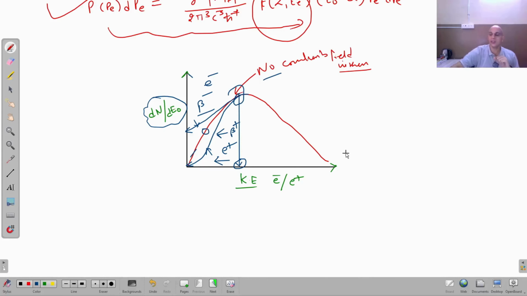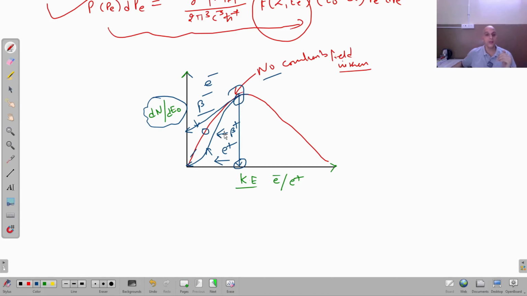You can also understand this graph in this way: in the low energy range, the positron spectrum has fewer slow positrons. Slow positrons means those positrons which have low kinetic energy, right? They will be observed very little. Why? Because they will be pushed away by the Coulomb field.